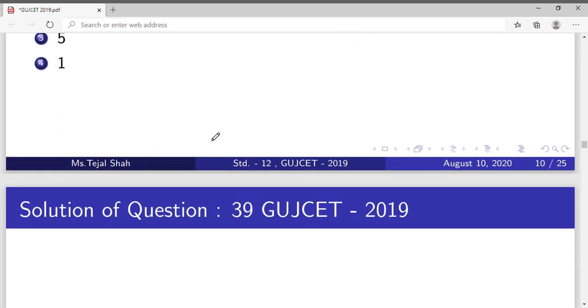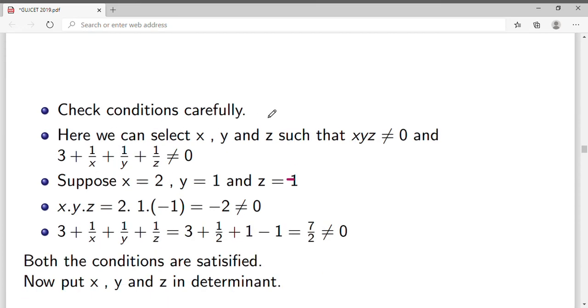Check the conditions carefully. Here we can select x, y and z such that xyz is not equal to 0 and the second condition is also not equal to 0. Suppose I assume x is 2, y is 1 and z equal to minus 1. Now check the first condition. x is replaced by 2, y is 1, z is minus 1. So the answer is minus 2, which is not equal to 0. So the first condition is satisfied.